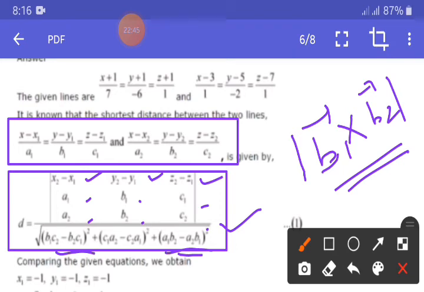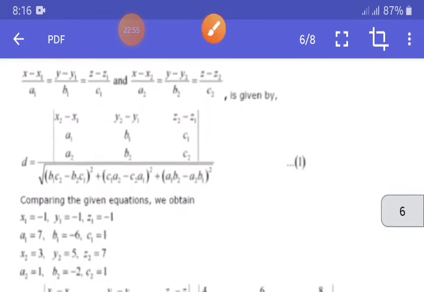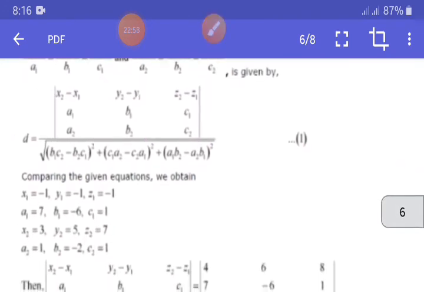Comparing with the given equations, we obtain x1 y1 z1, x2 y2 z2, a1 b1 c1, a2 b2 c2.